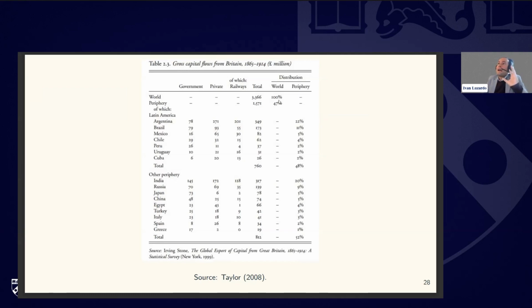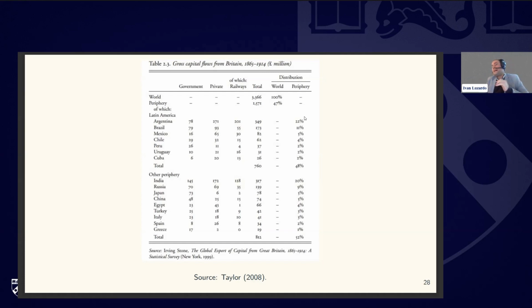Basically, around half of the British foreign investment went into the peripheral economies, and half of that half went into Latin America. So countries like, for instance, Argentina accounted for 22% of British investment in peripheral countries. So that share was substantial.